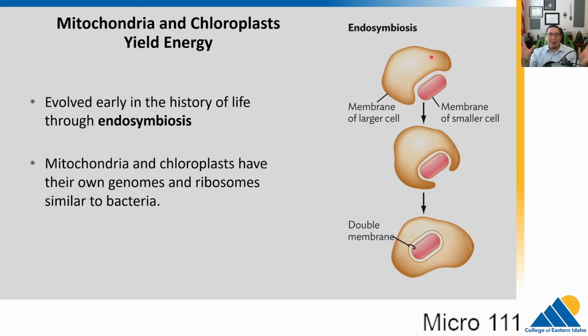So this cell is going to engulf the smaller cell. This one has its membrane, and this one has its membrane. So as it engulfs it and surrounds it, the original bacteria is actually going to end up with two separate membranes. And this is what we see in mitochondria and chloroplasts. So this is some good evidence that this actually occurred.